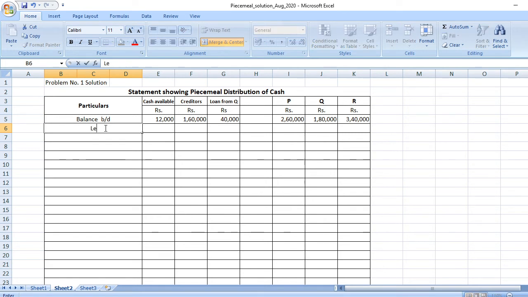So, less: paid to creditors 12,000. The creditor side is also recorded as 12,000.